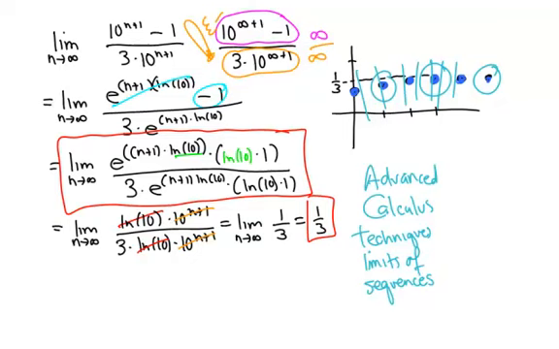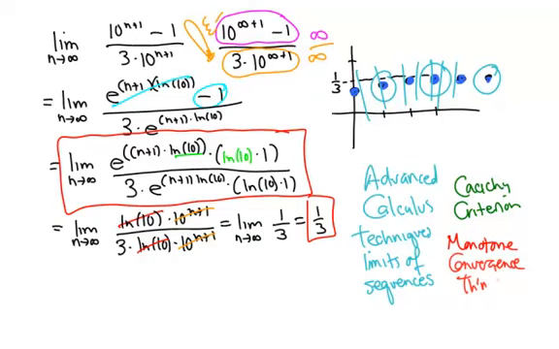There are a number of techniques for computing the limits of sequences that have exciting names like the Cauchy criterion, if I get that right. There's also something called the monotone convergence theorem. There are things known as comparison tests.